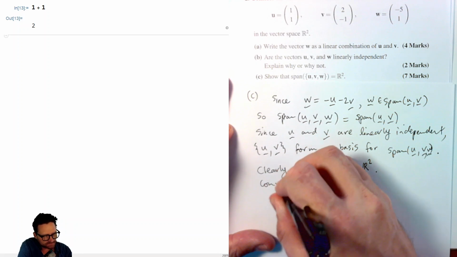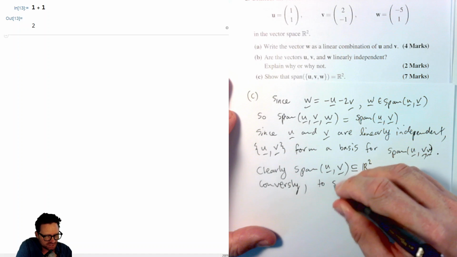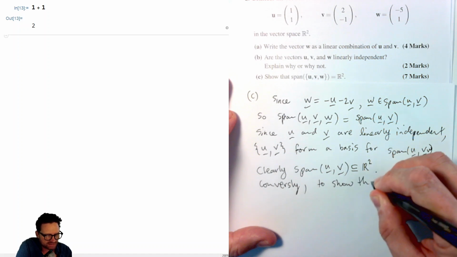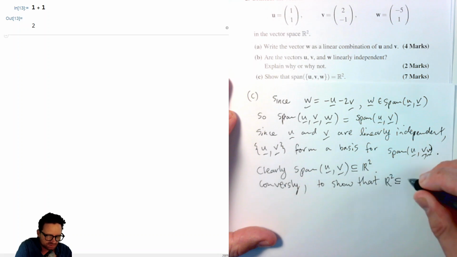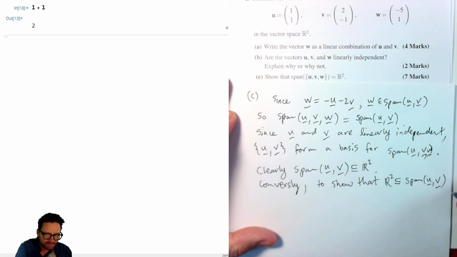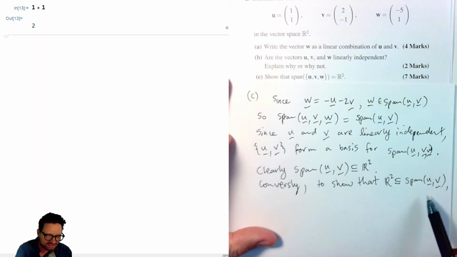Conversely, to show that R2 is a subset or equal to the span of U and V, we must show that every element of R2 is a linear combination of U and V.